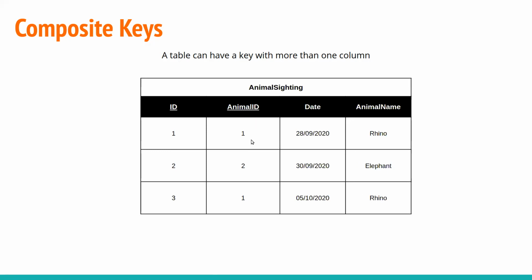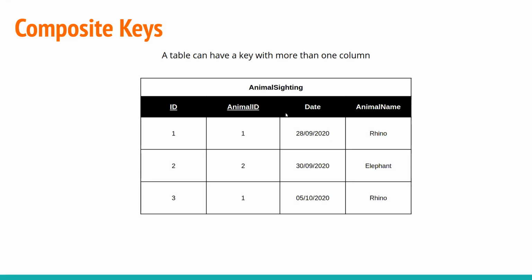I couldn't just give you one, because the animal name is here. We'll expand on this a little bit. You see they're both underlined, so there are multiple columns in my primary key.